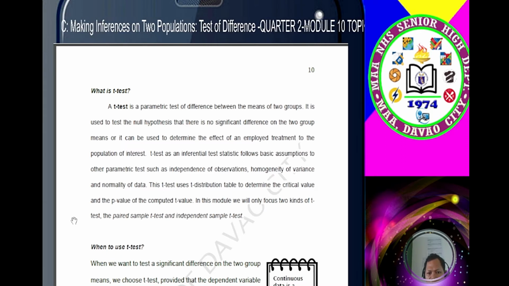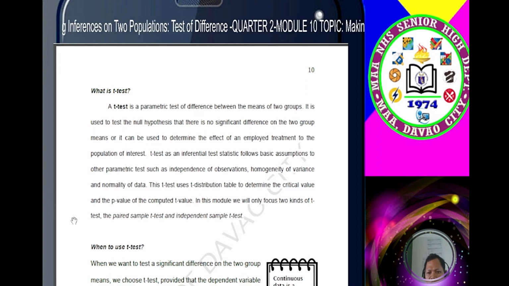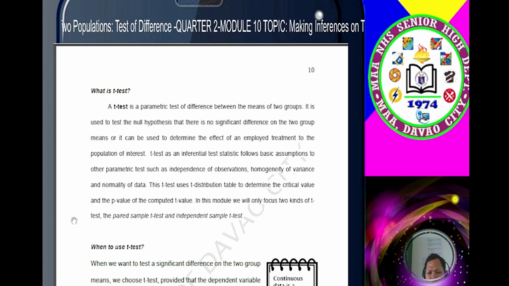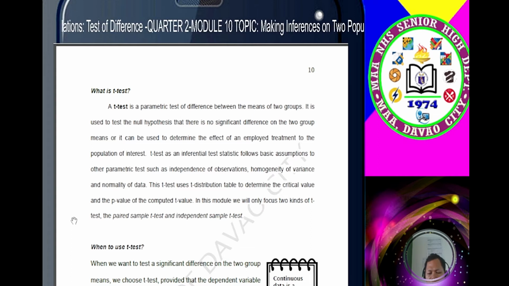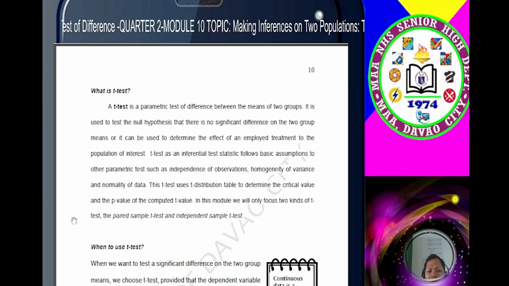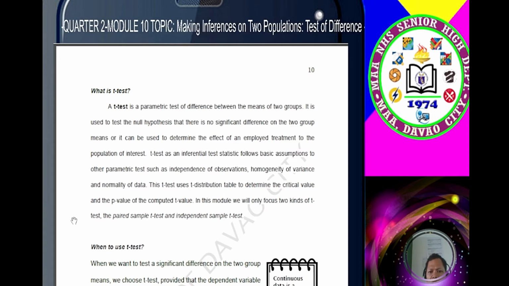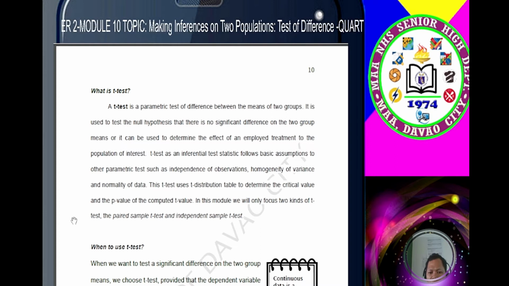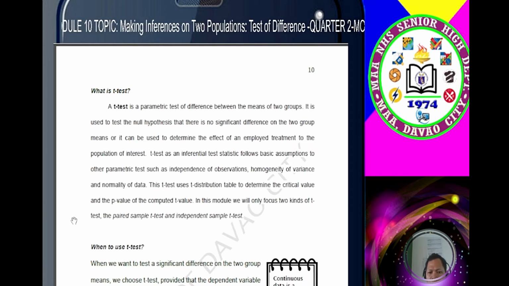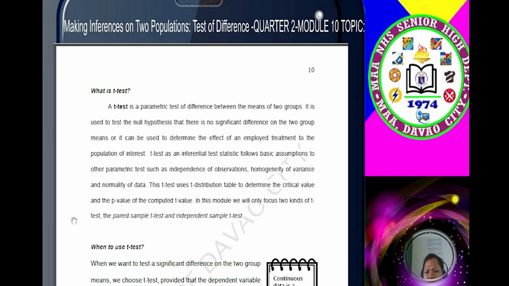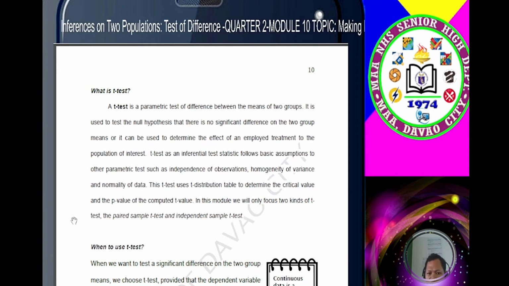The t-test as an inferential statistic follows basic assumptions common to other parametric tests, such as independence of observations, homogeneity of variance, and normality of data. The t-test uses the t-distribution table to determine the critical value and the p-value of the computed t-value. This module will only focus on two kinds of t-test: the paired sample t-test and the independent sample t-test.